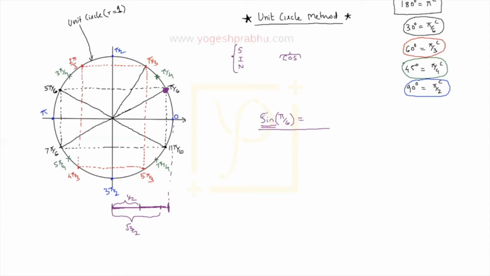It is sine you want to find right now. So if you want to find sine, you have to measure vertical. So here I will measure vertical for this angle. I want to measure this height.